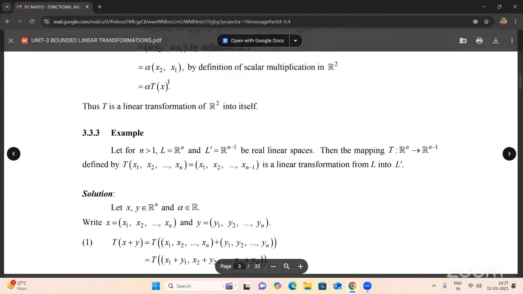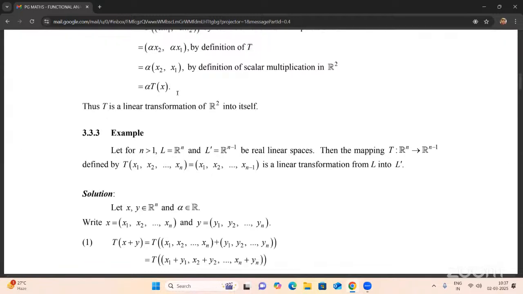Again, you have to see example 3.3.3 here. N is greater than 1. Suppose n is an integer, that is, a natural number, then it must be greater than 1. Put L equal to the linear space, the n dimensional real linear space, and L dash the (n minus 1) dimensional real linear space.